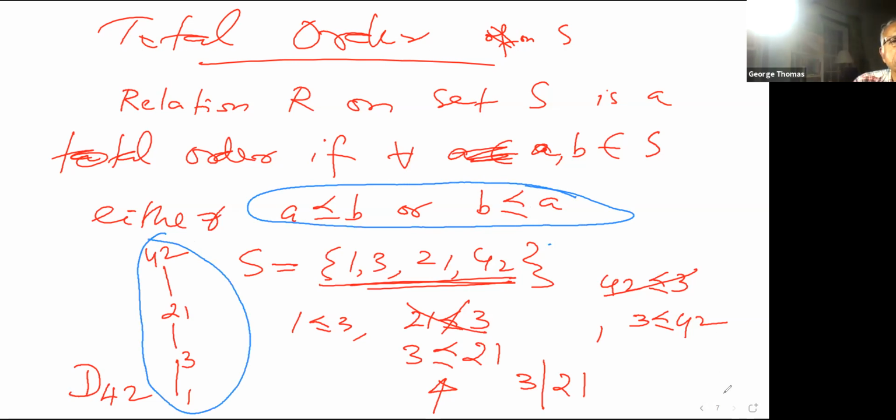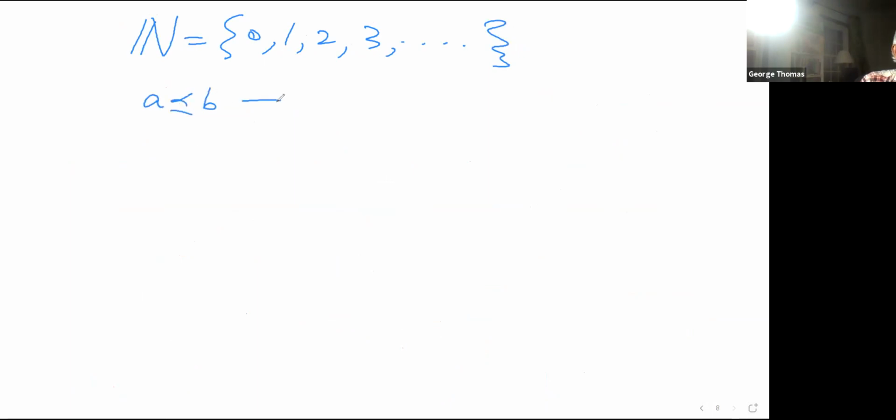Let me take another example, the most important example. The natural numbers are 0, 1, 2, 3, and so on. We will say A less than or equal to B if and only if A less than or equal to B, the standard order.